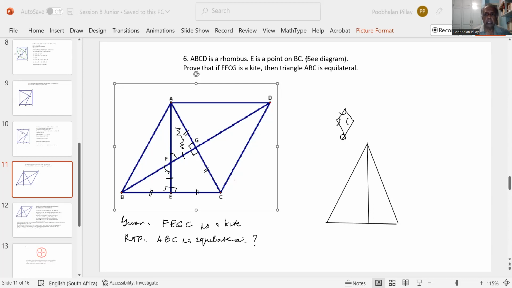It means that the line is perpendicular to it and also bisects it. Your conclusion is that these two are equal, because it's easy to prove that these two triangles are congruent now. This equals this, this is 90 degrees, these are equal, common side, and they are congruent, and therefore this equals that. The original triangle becomes isosceles. So in other words, AB equals AC.